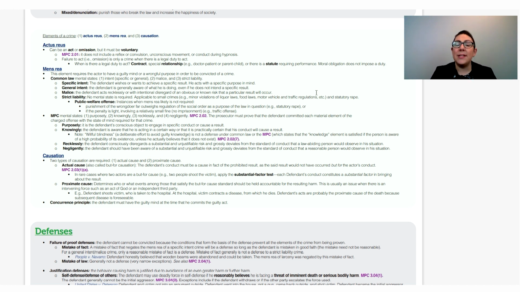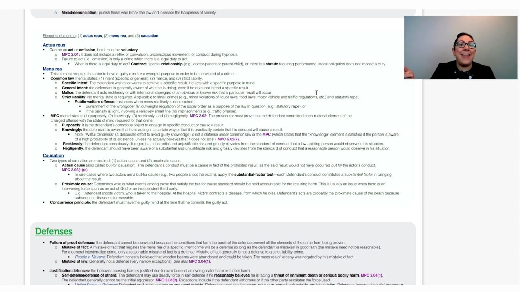So for instance, if a homeless person is breaking into someone's house, not to steal anything, but just to stay warm, they don't have the intent to commit a felony inside. So they don't have the right guilty mind to have completed a burglary. The burglary requires intent to commit a felony once they're in. So if this person doesn't intend to commit a felony at the time that they're breaking and entering, there's no burglary.